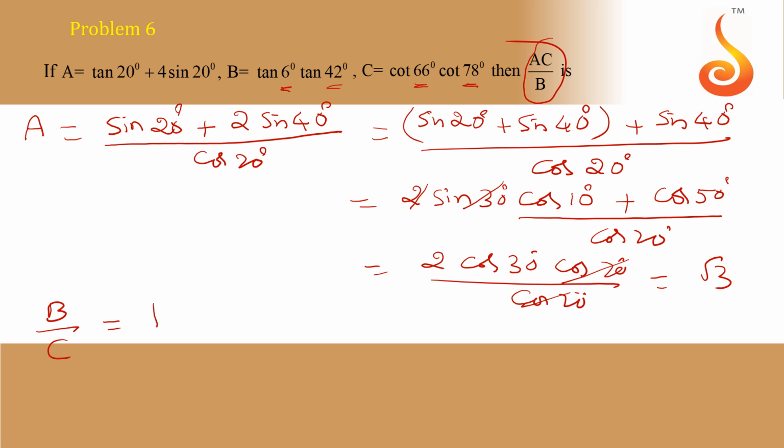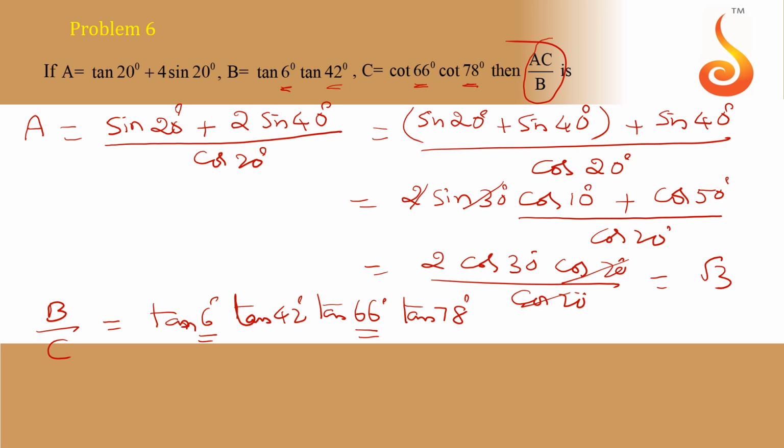Then it will be tan 6, tan 42, tan 66, tan 78. Observe 6, this is 60 plus 6. So for the formula, tan theta into tan of 60 degrees plus theta into tan of 60 degrees minus theta is equal to tan 3 theta. 60 plus 6 is available, 60 minus 6, tan 54, is missing.